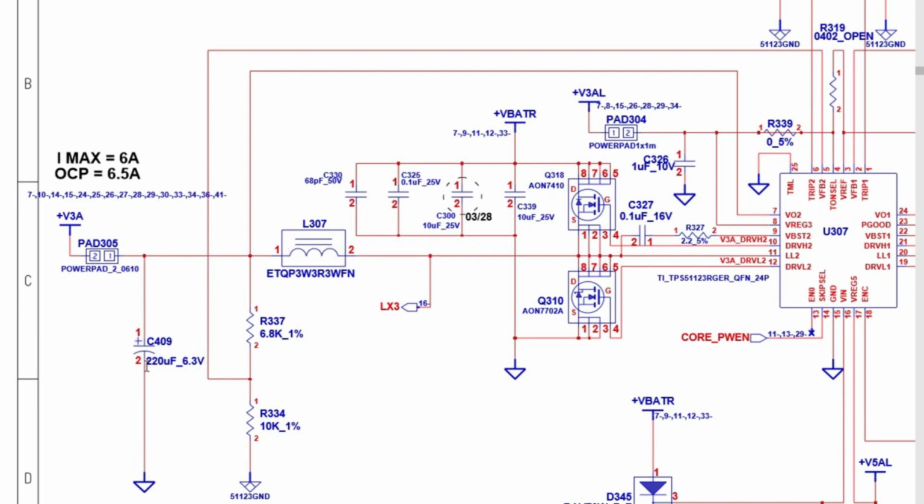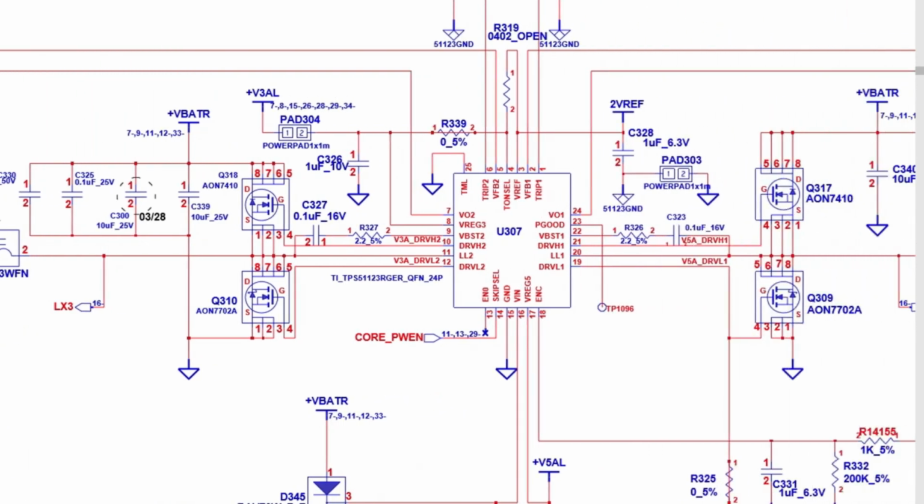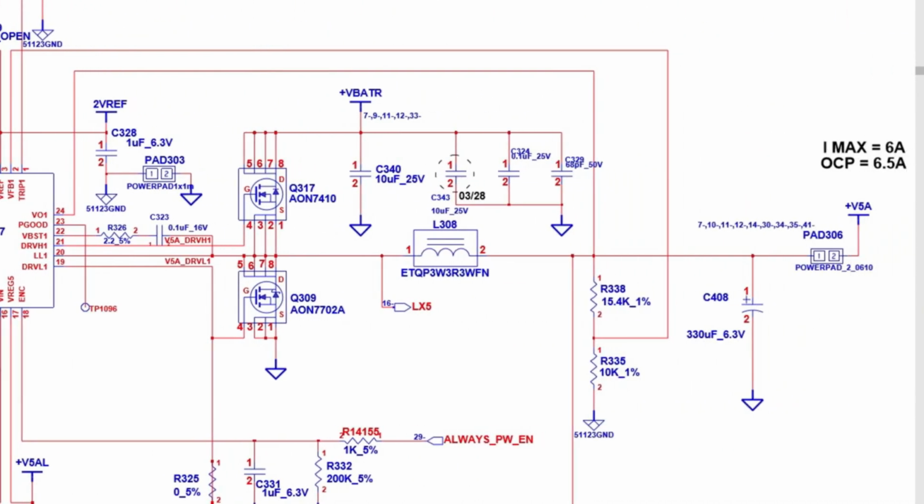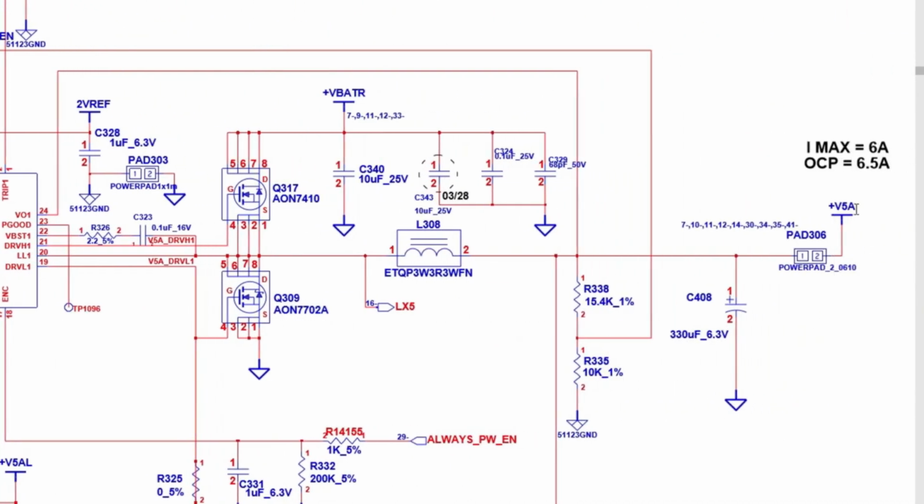The electrolytic capacitor here is connected to the ground. This is the ground. This resistor is connected to the ground. This MOSFET is connected to the ground. This capacitor and the IC are also connected to the ground. But do you see? The inductor is always connected to the power rail. Even here on the other side for 5 volts, we have 5 volts and we have the inductor.